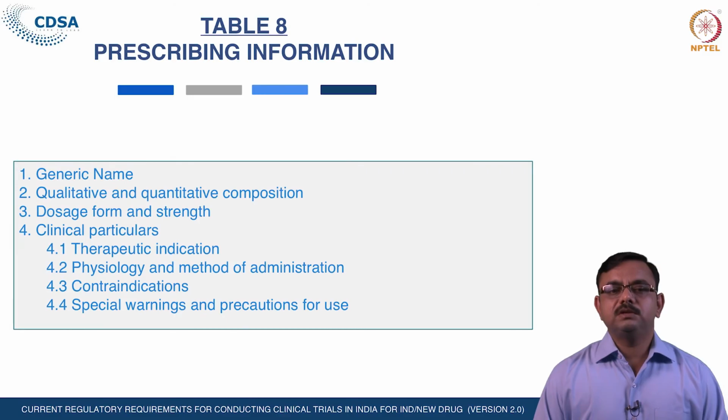The clinical particulars like therapeutic indication, contraindication, posology, and drug interaction are required to be given. Then the pharmacological properties, including mechanism of action, pharmacodynamics and pharmacokinetics, then non-clinical properties like animal toxicology and pharmacology, and pharmaceutical particulars like incompatibility, if there is any, or the shelf life, are also given in this table.